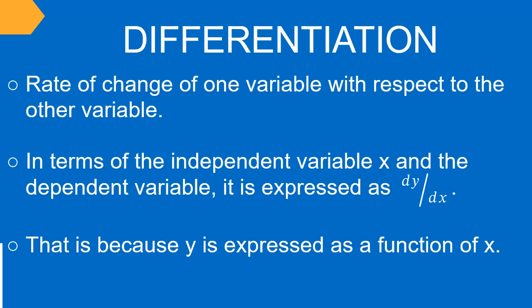Now, in terms of independent variable x and the dependent variable y, we express differentiation in terms of dy by dx. That's because y is expressed as a function of x.